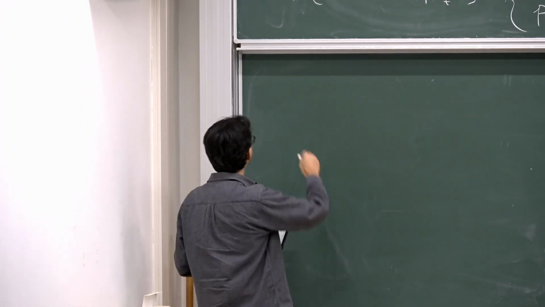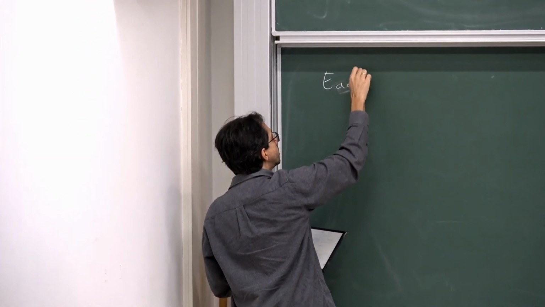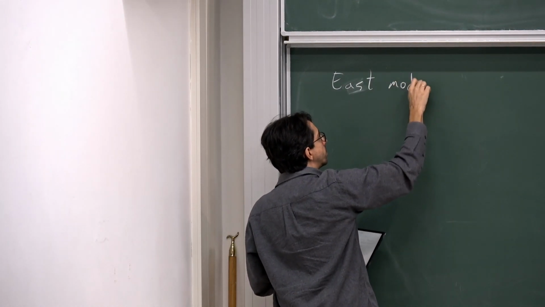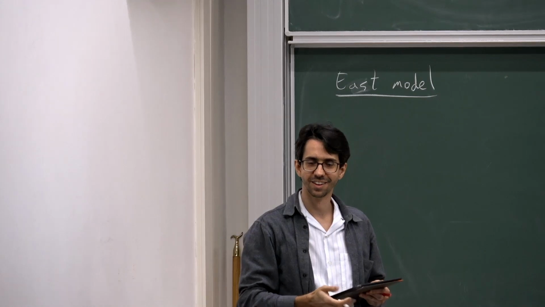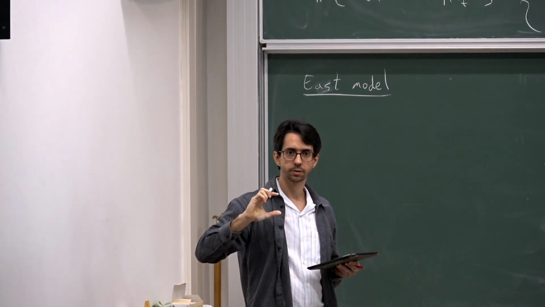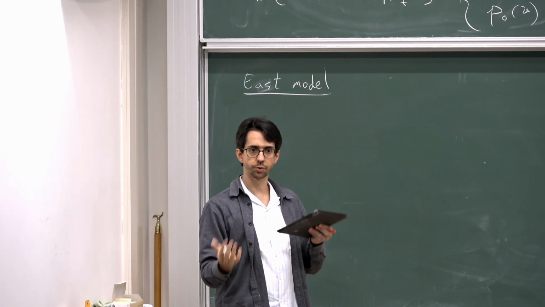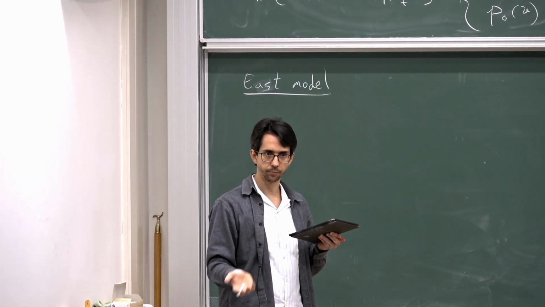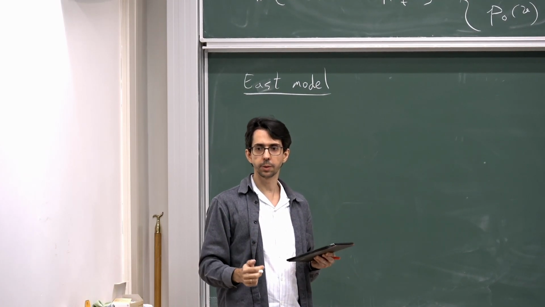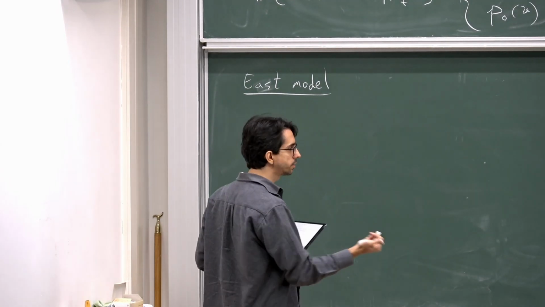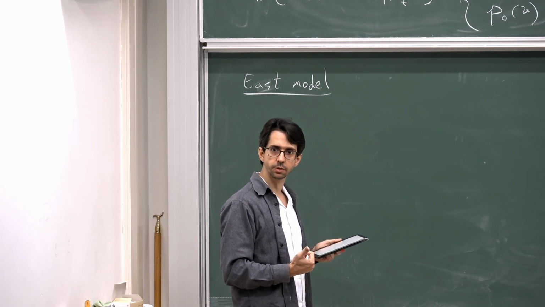Another interesting example is the East model. Maybe I can define this one. Every site is going to have a Poisson clock. When it rings, it changes its state between 0 and 1 with probability P. Just like the spin flip, but before flipping, it looks to its right, and if it's a 1, it suppresses the change.